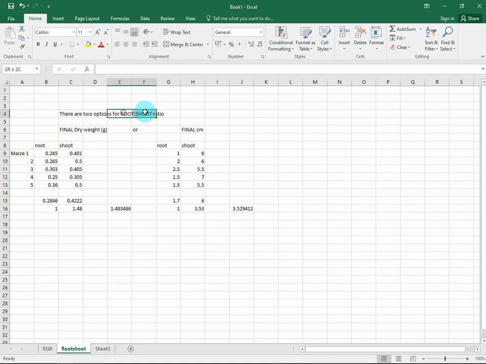So for a root shoot ratio, this is the only parameter that you do not have to have an average and a standard deviation. This is the only parameter that you don't need a standard deviation for.